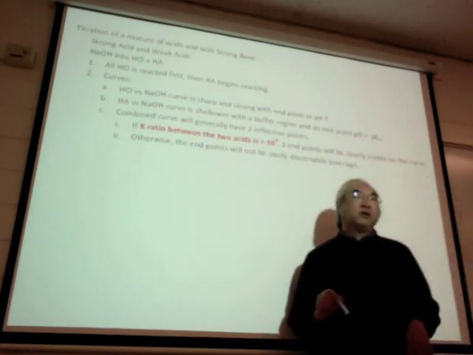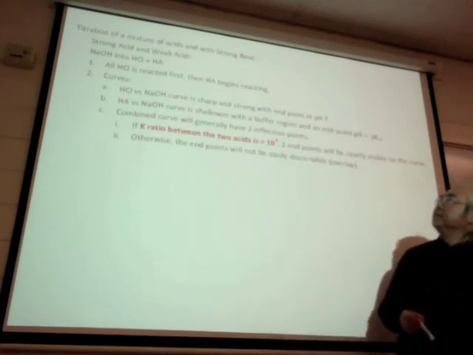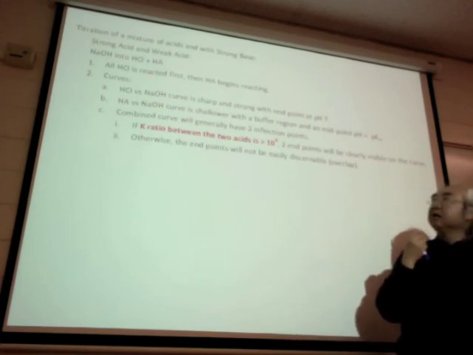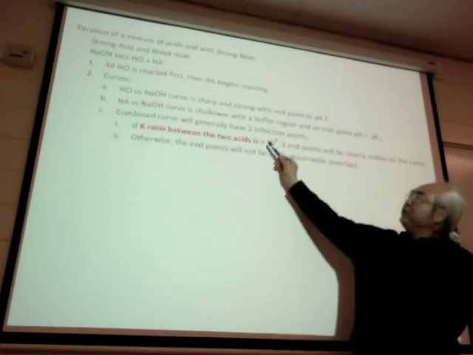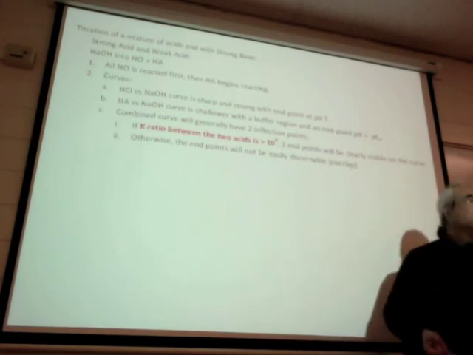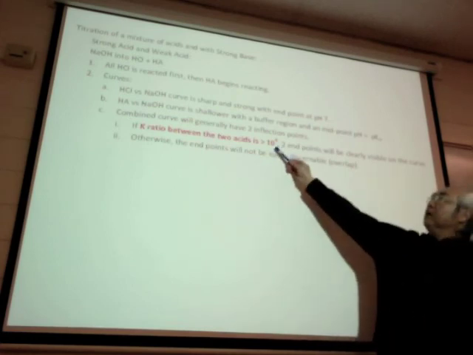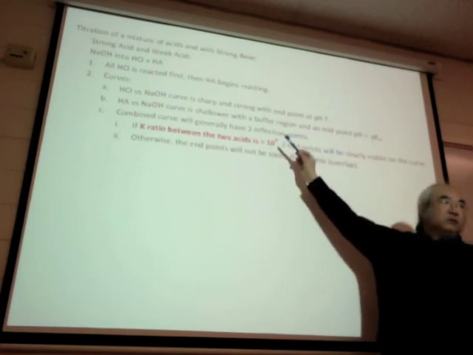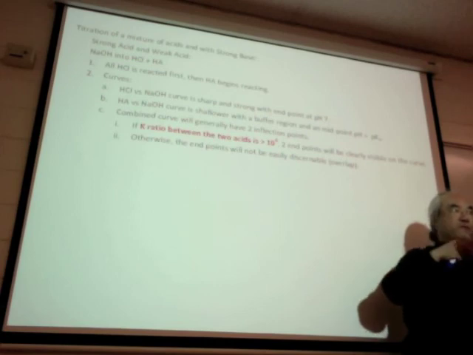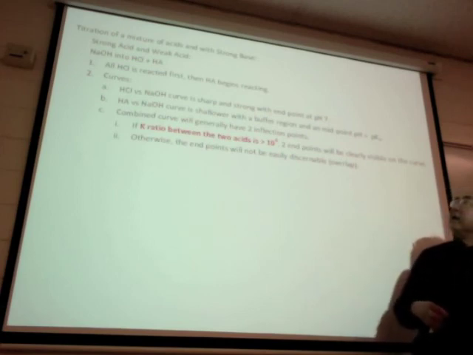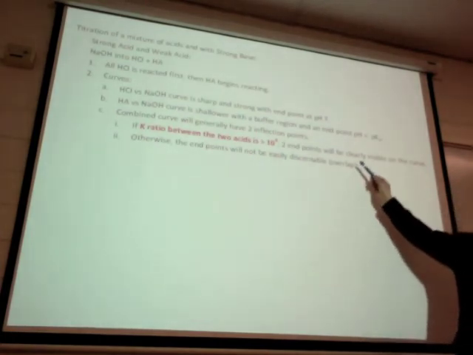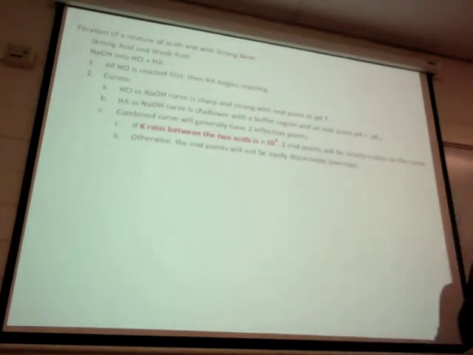So in your notebook, write this down. Magic number, okay, call it magic number. It's a ratio between the two K values of at least 10 to the fourth, then you get two endpoints. Less than that, then the two just mix together as one endpoint. Okay, so we will illustrate this point next.